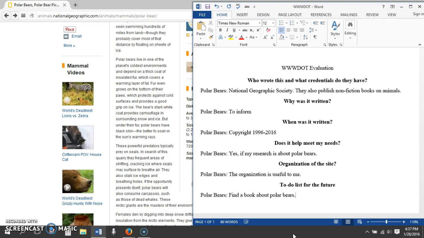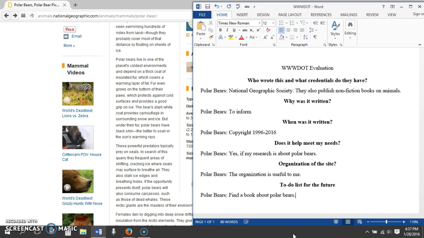Who wrote this? The National Geographic Society. What credentials do they have to write on this topic? They also publish nonfiction books on animals. Why was it written? To inform the reader about polar bears. When was it written? The copyright is between 1996 and 2016, so the website is being currently maintained. Does it help meet my needs?